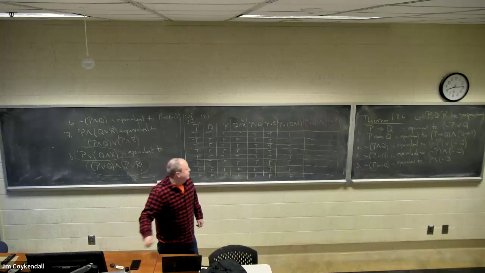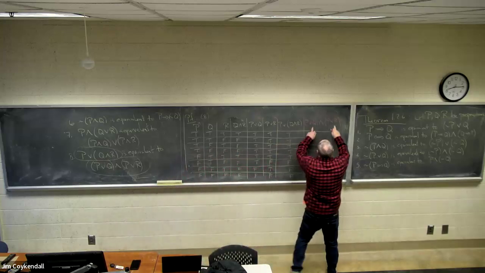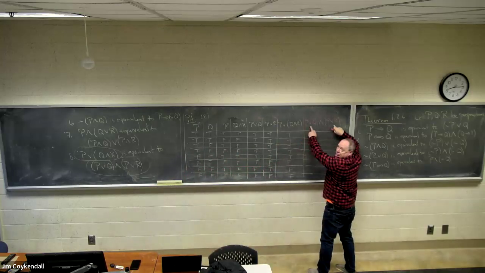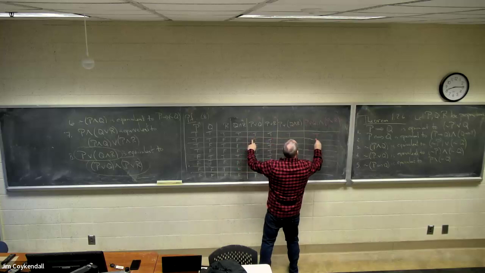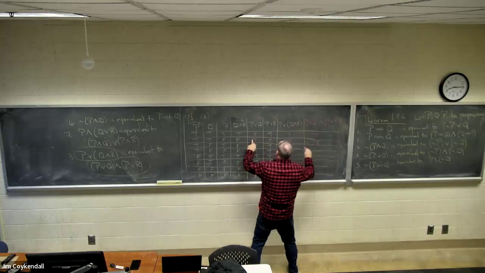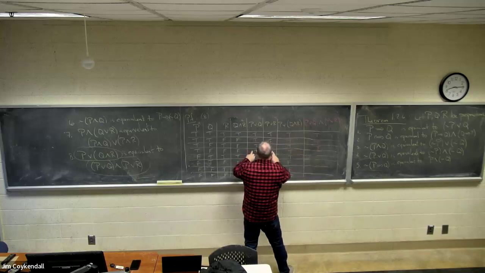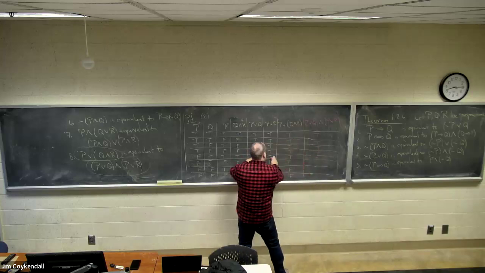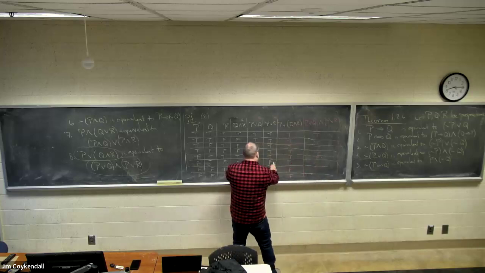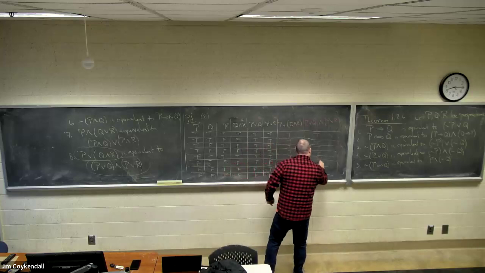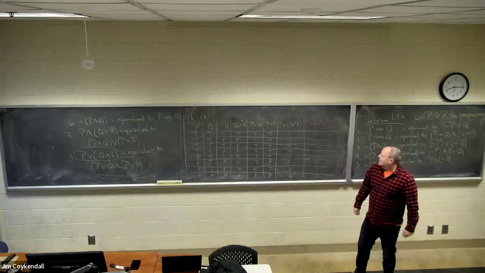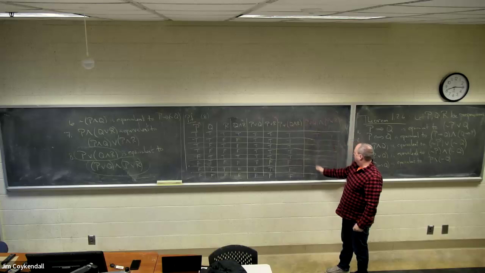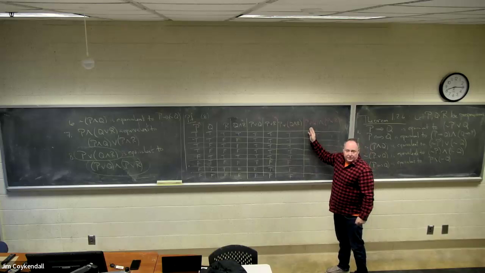So what do I need to get a true here? I need two truths. Do I agree with that? Okay, let's go down here. Two truths, two truths, two truths. True, false, false, true, false, false. And there's your proof, because the truth tables match all of these.